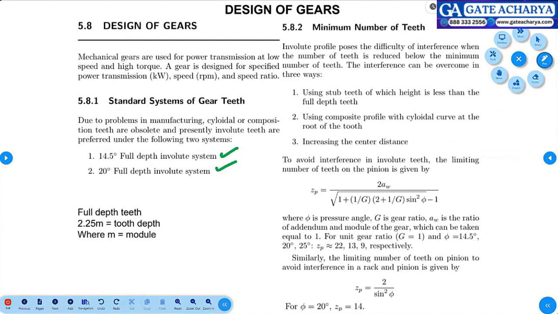Sometimes the full depth will be very lengthy, so when two teeth come into engagement, they may totally knock off, called interference. To avoid that, we can cut down some of the full depth and call it stub. Interference can be avoided.